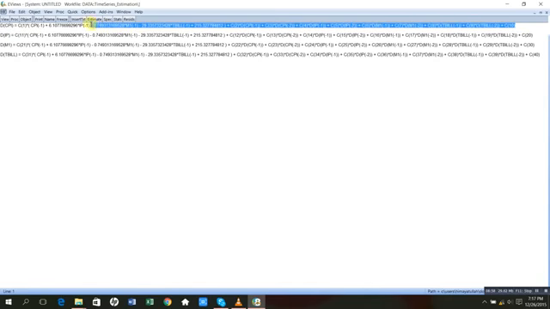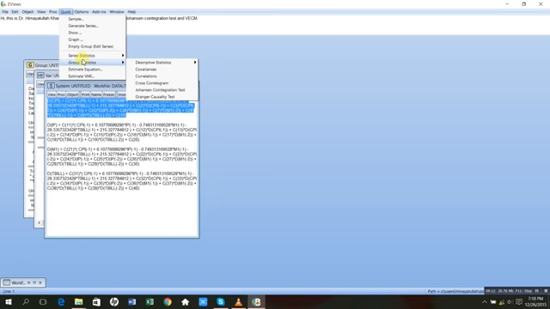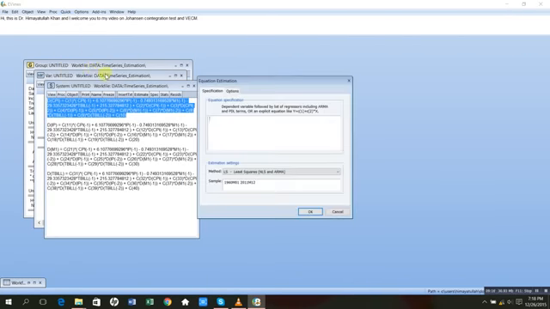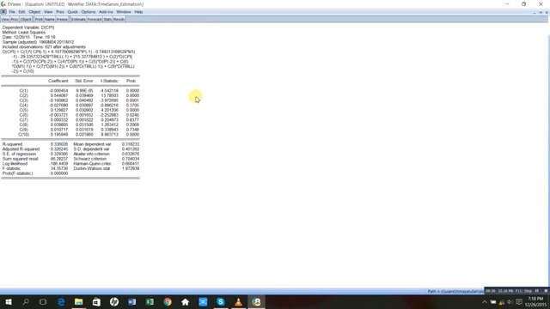In order to get p values, I will copy this, and after copying I will go to quick again, and click estimate equation, and in this dialog box I will paste, and after that I will press OK, and when I press OK, I get this.